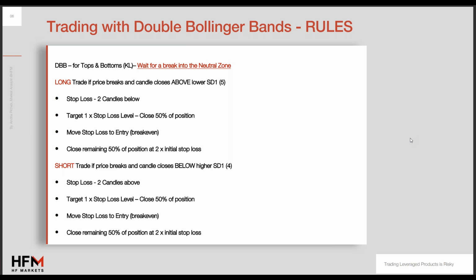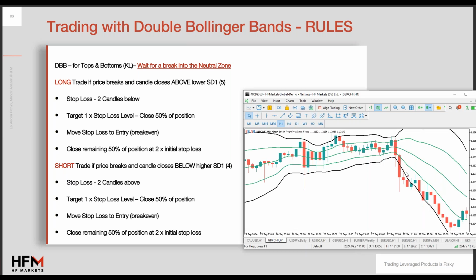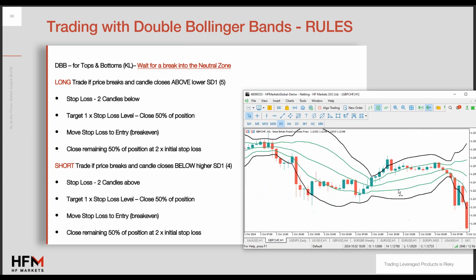First, you will wait before entering the market, either short or long. You will wait for a break into the neutral zone. Okay, so I'm going to get back to the chart over here so you can follow me.